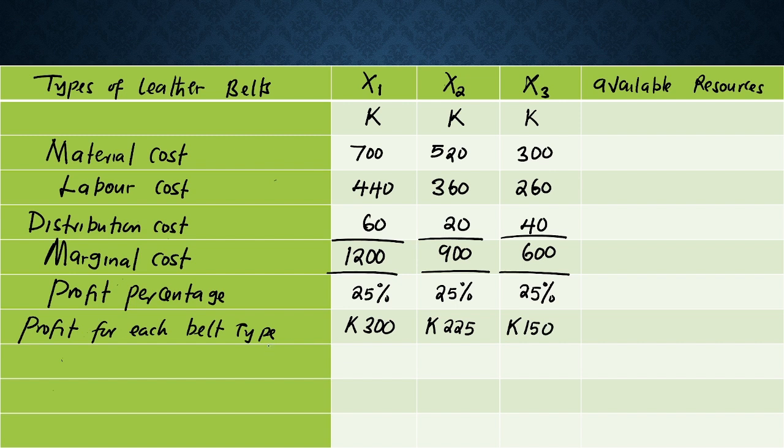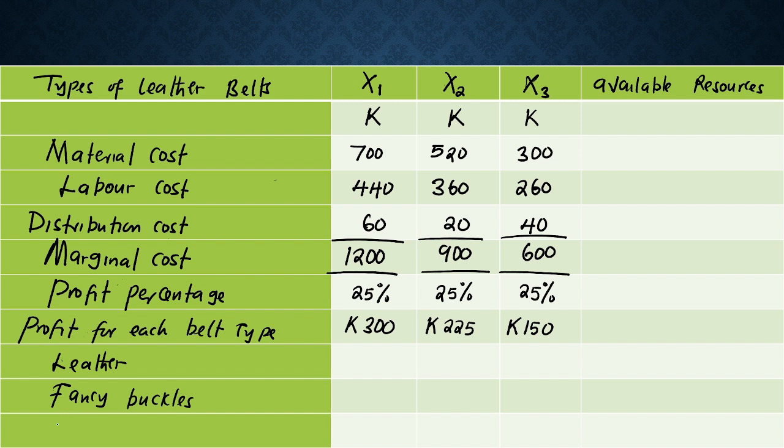Okay, so now that we have collected this data and calculated our profit, we now have to look at the variable resources. So we are told here that for us to produce each type of the belt, we are going to need these resources. Number one, we need leather. Number two, we need the fancy buckles.